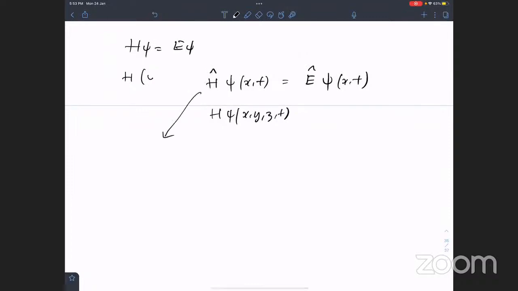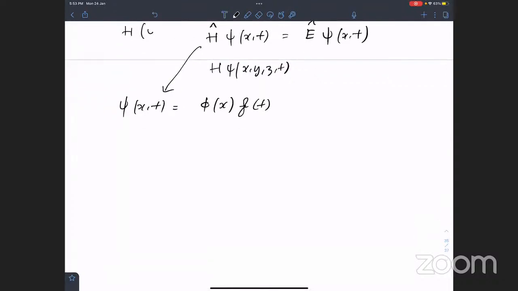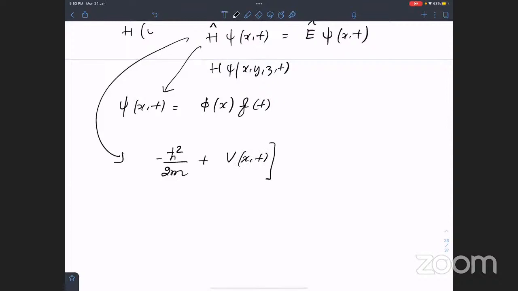What we said is, assume that the wave function can be split into a time part and a space part. Now, in general, this is not possible. Why? Because this actually translates into minus h bar squared by 2m, d square by dx square, plus V, which is a function of x comma t. I'm only talking about one dimension for now.